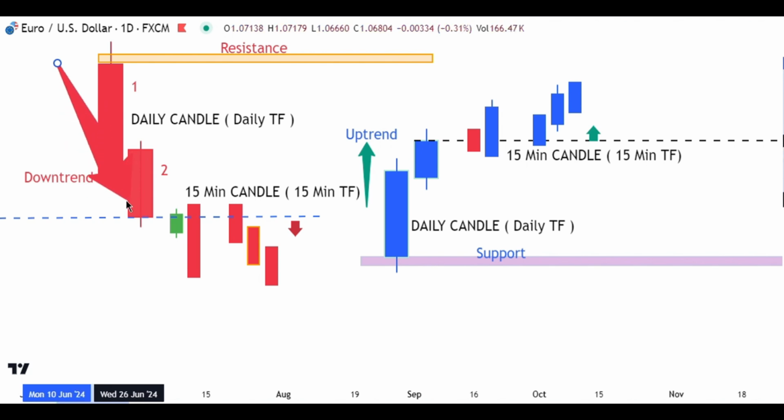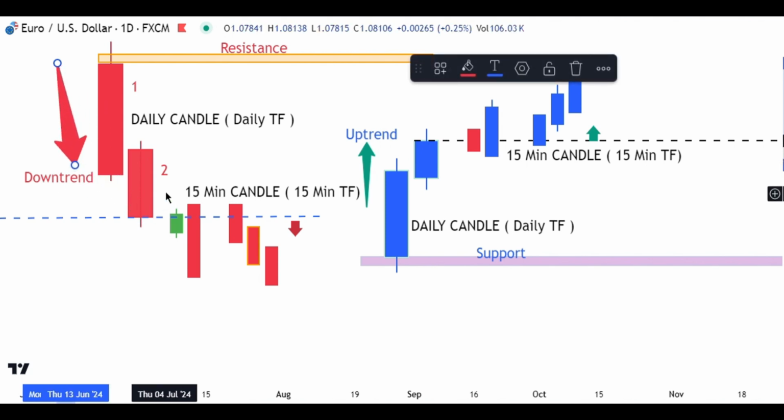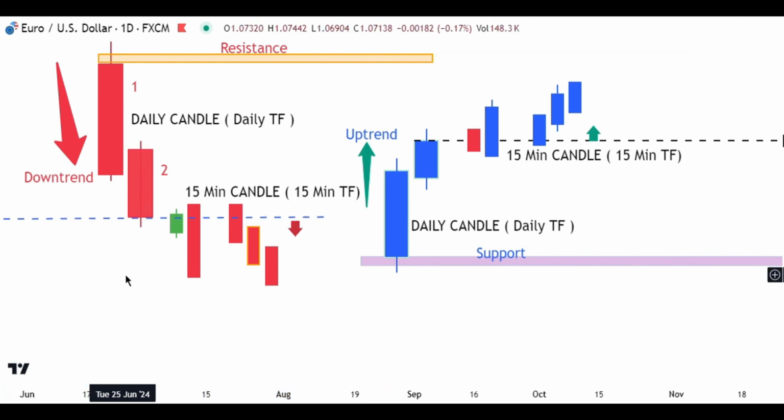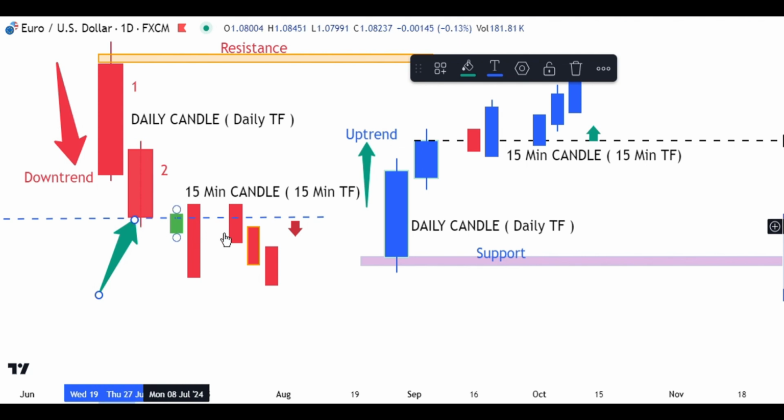You wait for the close of the second candle on the next day, and then you mark out the close of that candle, which I've marked out with the dotted line here. This is the close of the second day candle. You mark a horizontal line like this dotted line.